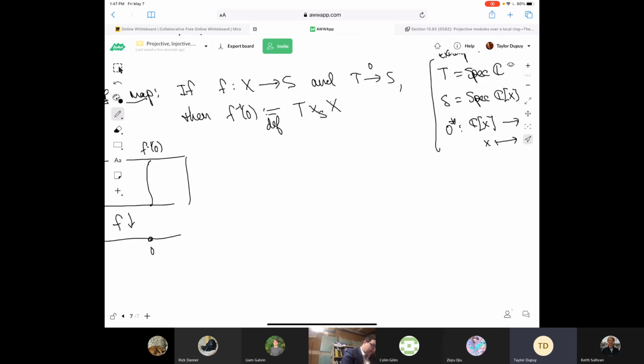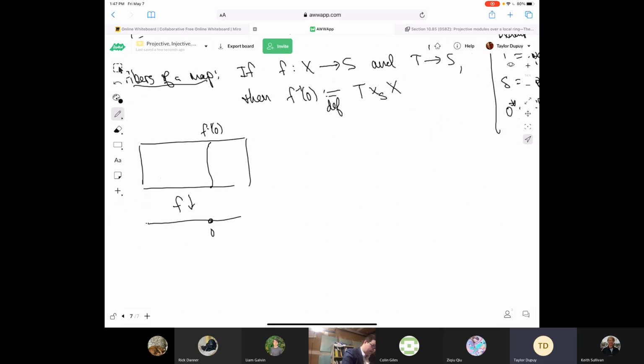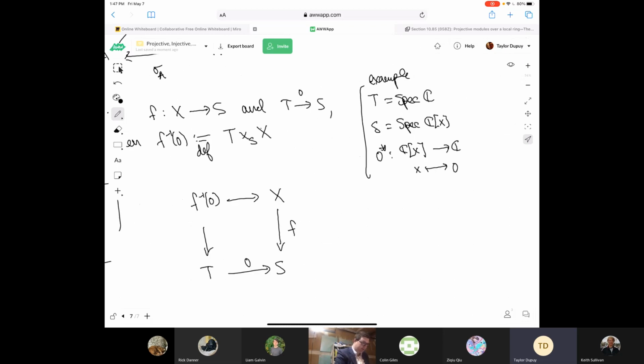In terms of diagrams, we have f inverse of 0, and it sits over T. We defined this to be the fiber product of these two maps. This was our given map, and this was the point that we had. It really could be any morphism we want, but it's good to think about it like points.